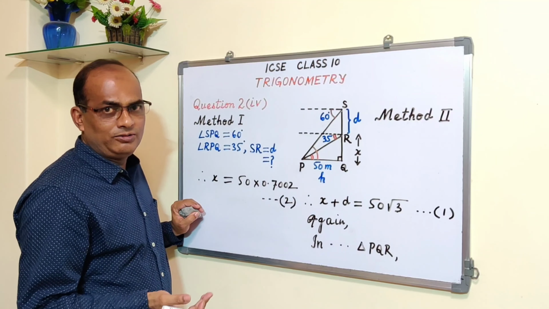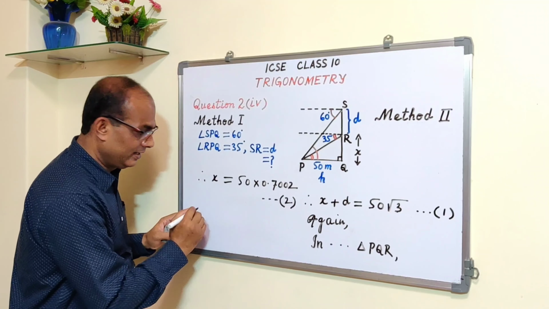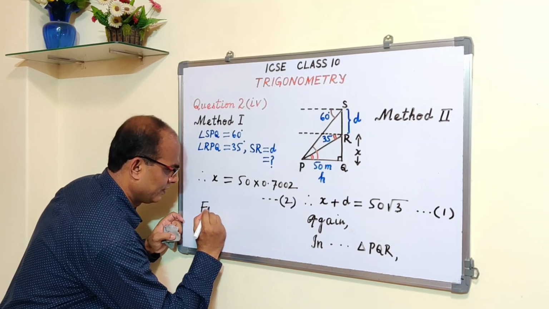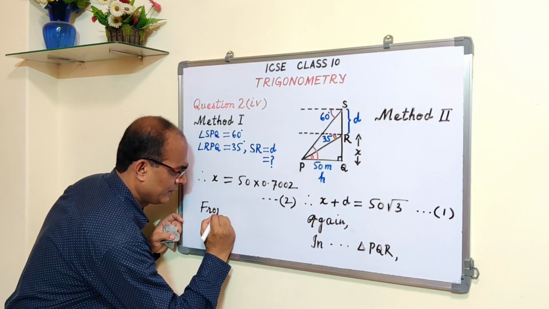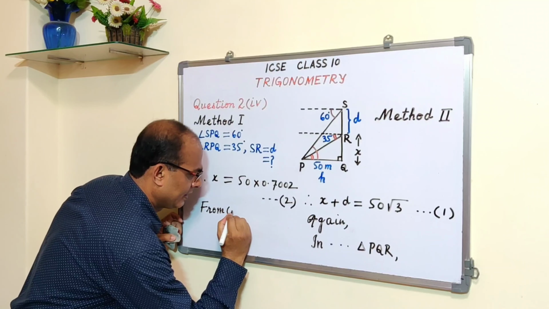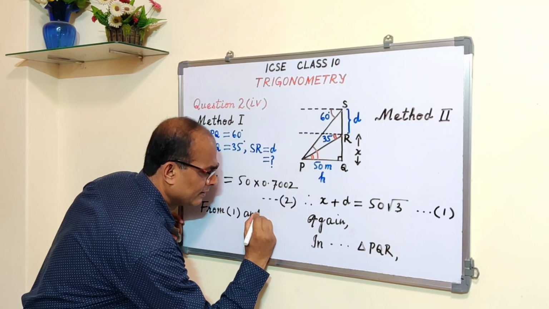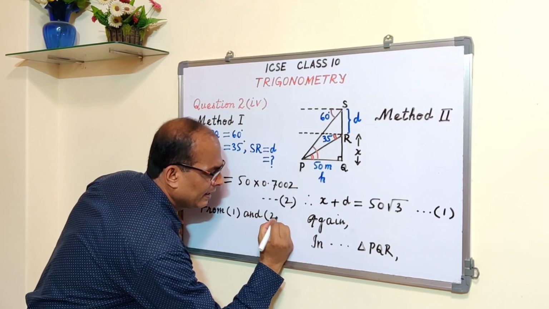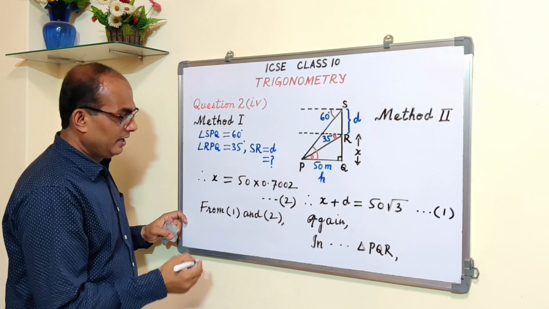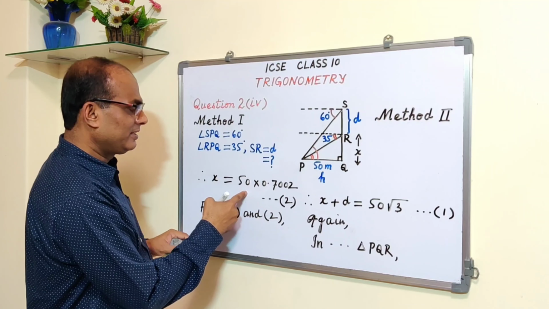Or in short, write down from 1 and 2 we get.